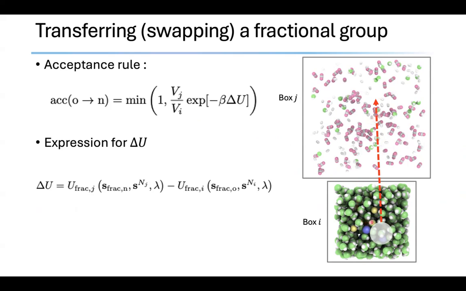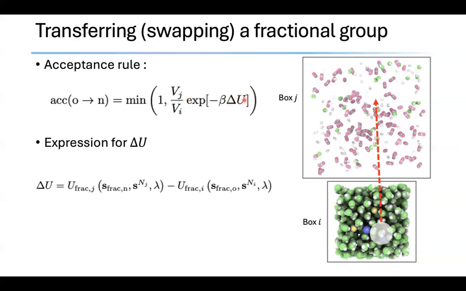So it is strictly changing only the position of the fractional molecule. The acceptance rule for such a move is given by this expression here. Note that you also have the ratio of the volumes corresponding to this swapping of the fractional molecule.